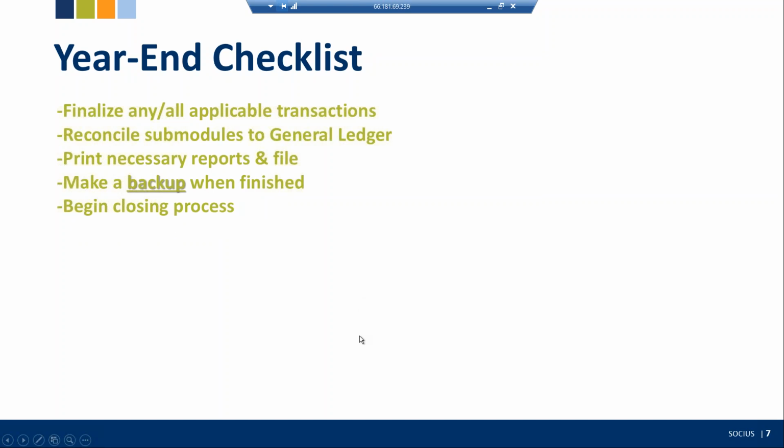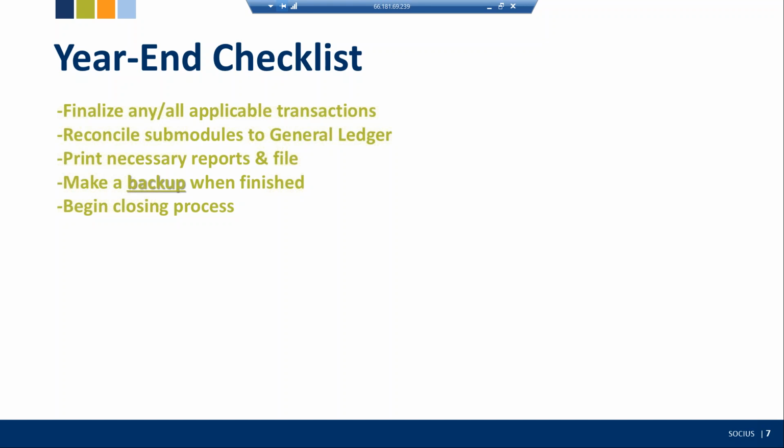All right. So just some common things that you need to take care of when you're going through your year-end process is make sure that you finalize all applicable transactions. And I'm going to say that several times as we go through here and give you specific examples.